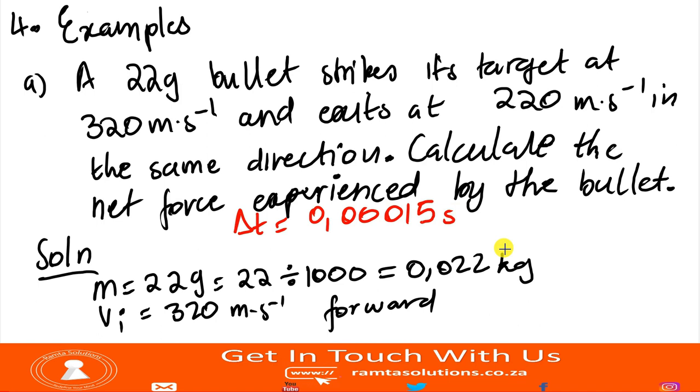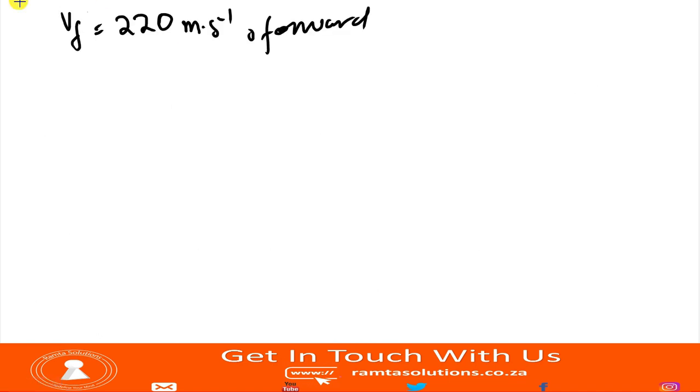So now the time taken was 0.00015 seconds, right? So we are calculating the net force experienced by the bullet.